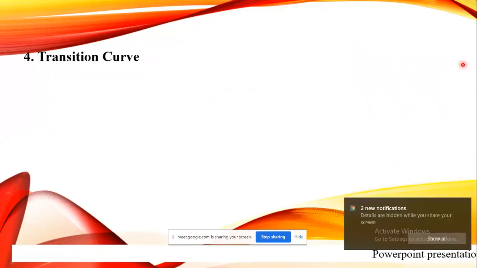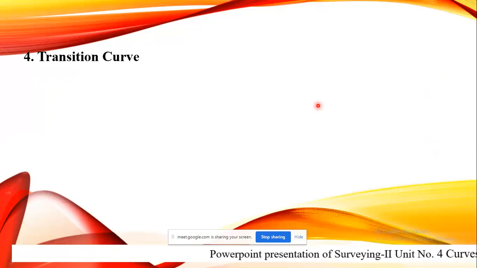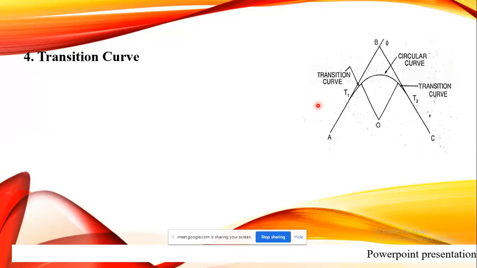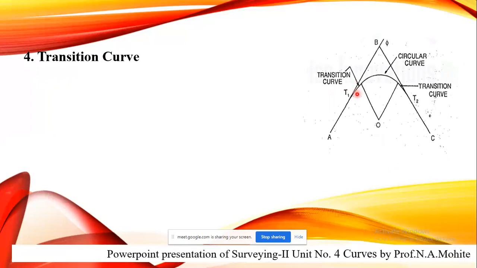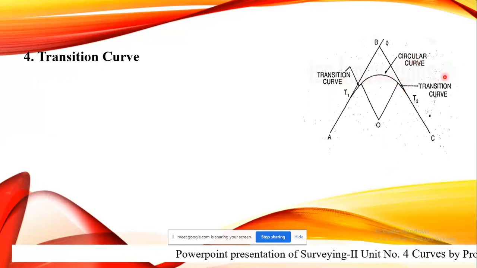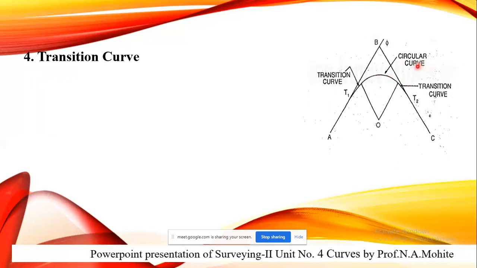Next one is the transition curve. This is a curve of variable radius, which is called a transition curve. As per the sketch, you can see the transition curve is provided on both sides of a circular curve. The circular curve is nothing but our regular simple circular curve.